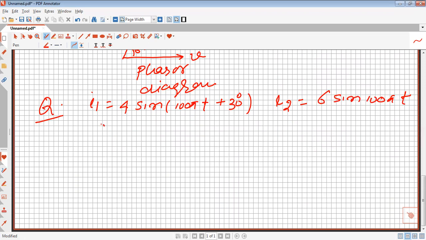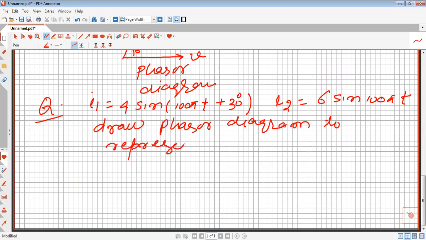We have to draw the phasor diagram to represent the two phasors I1 and I2. It is a very simple example.